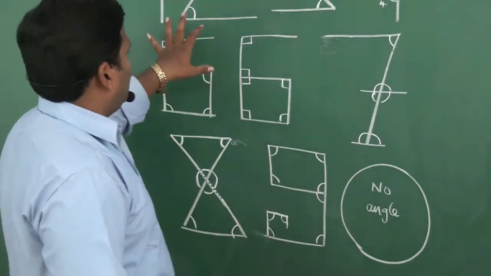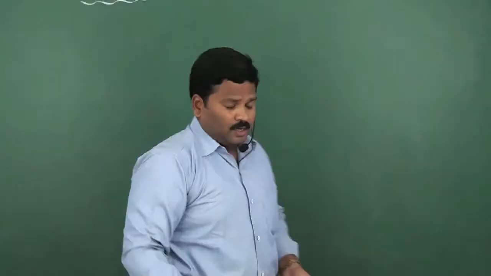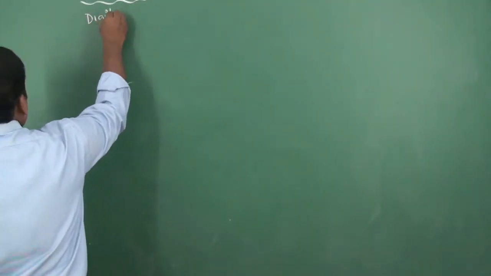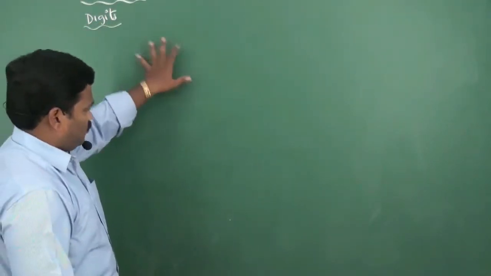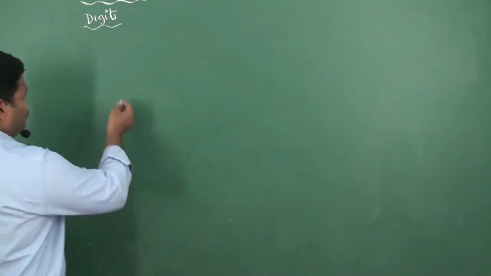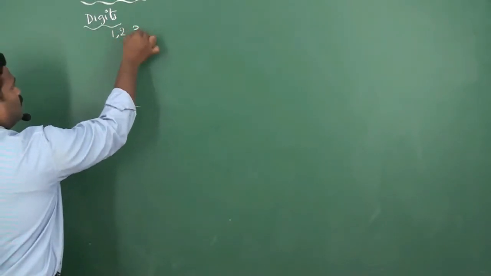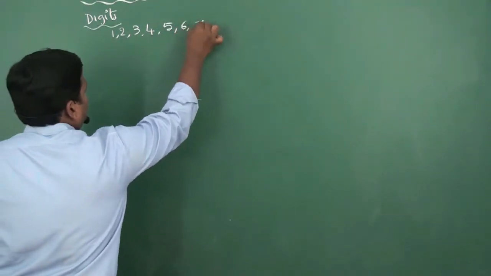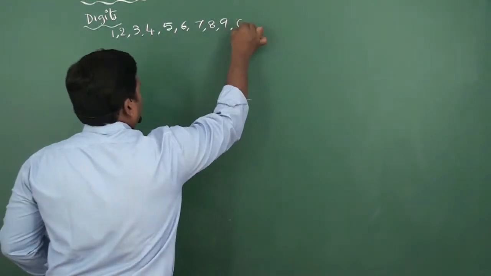This is how numbers were derived before. If you want to write numbers, digits are very, very essential. As we have seen, these are the ancient digits, 1 to 9, and 0. Now, the digits we have are 1, 2, 3, 4, 5, 6, 7, 8, 9, and even 0 also.